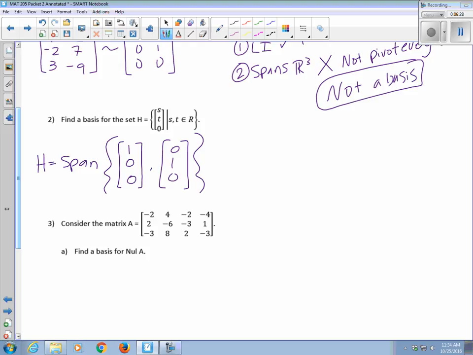Is it a basis? There's an additional criterion to be a basis, and that is that those vectors need to be linearly independent. Are they? Yes, because one's not a multiple of the other. Okay, so we have a spanning set. Those vectors are linearly independent.